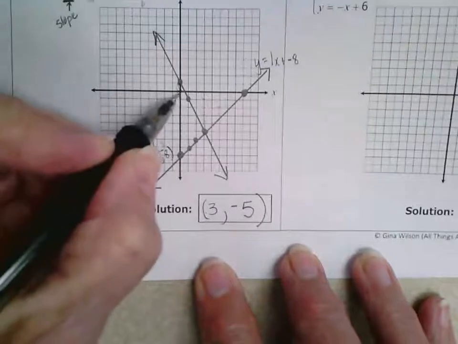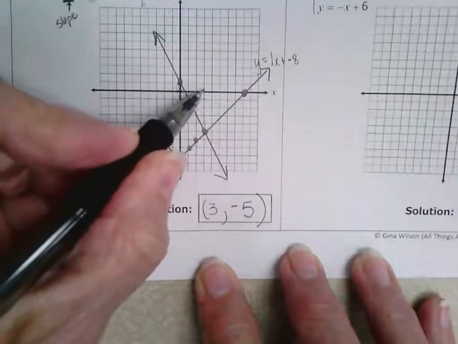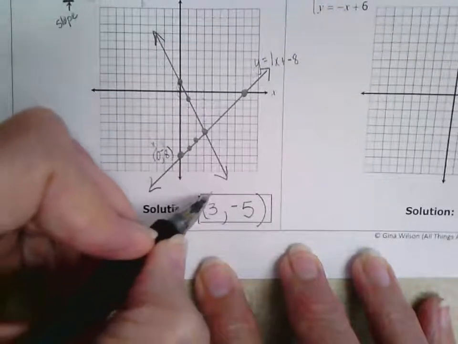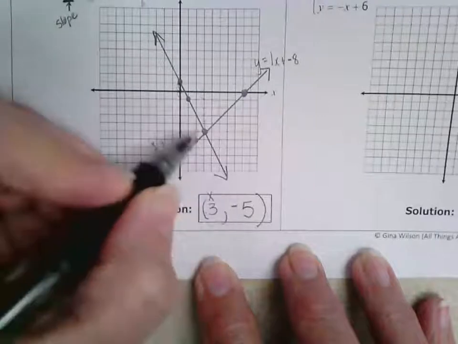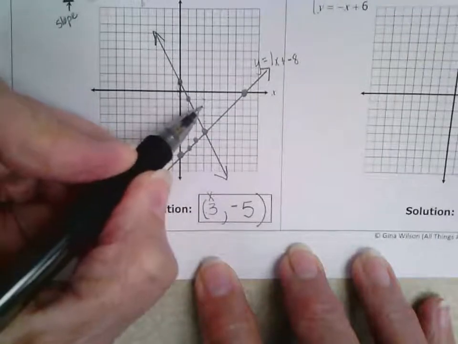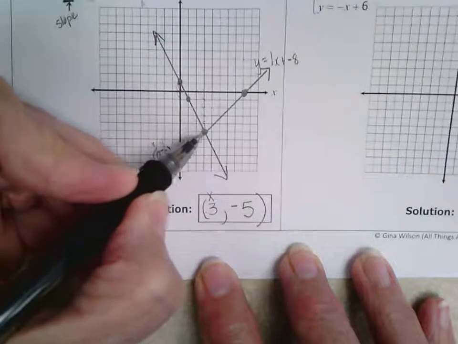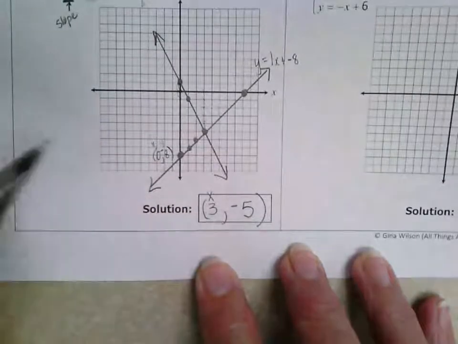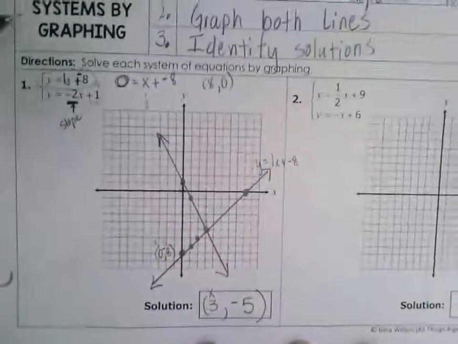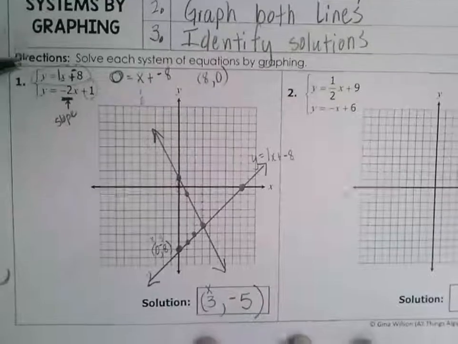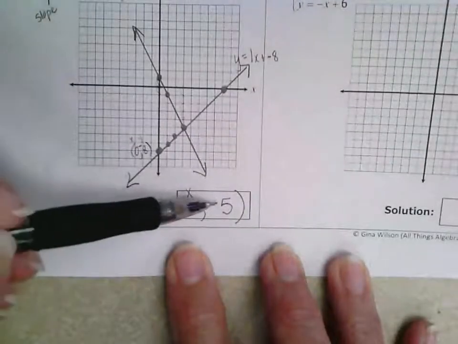And that was 1, 2, 3, so that's our x value, and negative 5. 1, 2, 3, 4, 5. So the solution set for this using graphing is (3, -5).